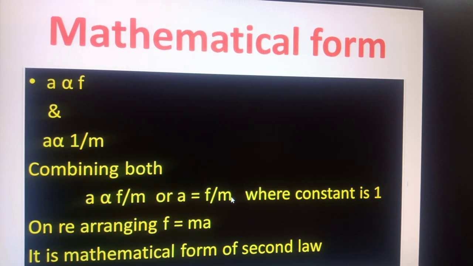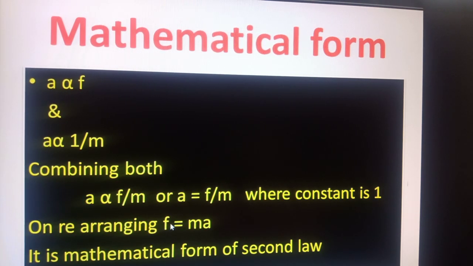On the right side it is dividing F. On the other side, when it moves, it will be multiplied with a, and on rearranging this relation we get the proper mathematical form of Newton's second law of motion, that is F equals ma. It is known as the mathematical form of Newton's second law.